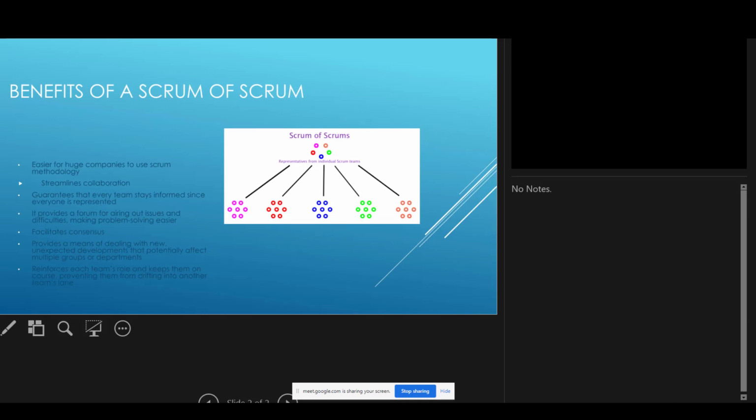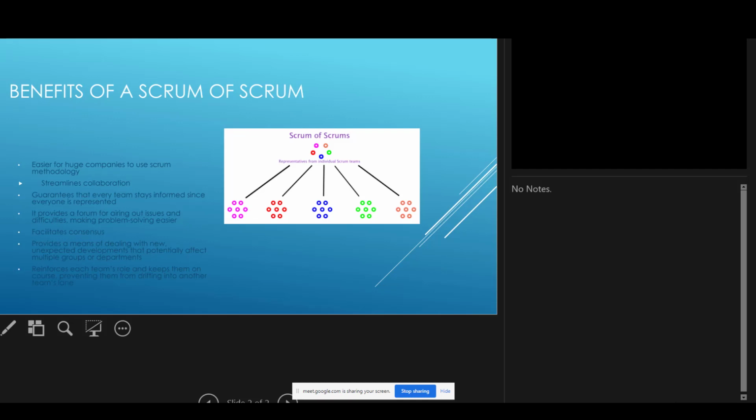The benefits of a scrum of scrums: it combines the use of scrum methodology, streamlines collaboration, and keeps all the teams informed, since each team is responsible.